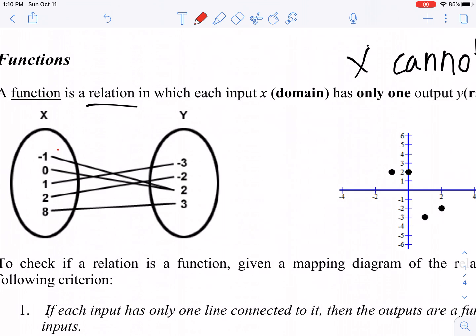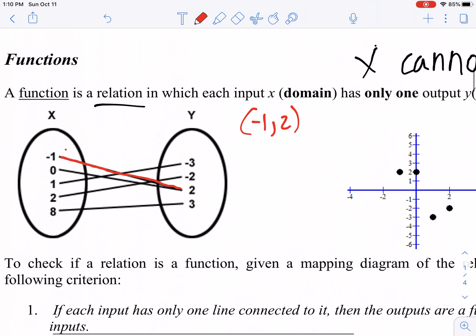So we have a -1 going to 2. So one of my points is a -1, 2. Okay. Now, they also plot that over here, but I'm going to get to that in a second. Let's just finish writing our points here. Okay. Then we have 0 going to 2. So 0 is also going to 2. So notice we have a repeat in the y's, and we'll see if that's okay or not.